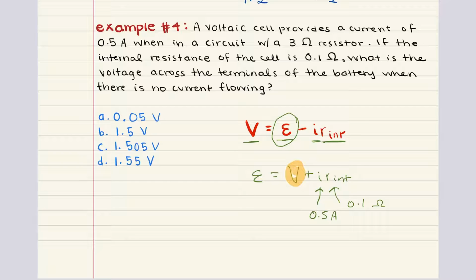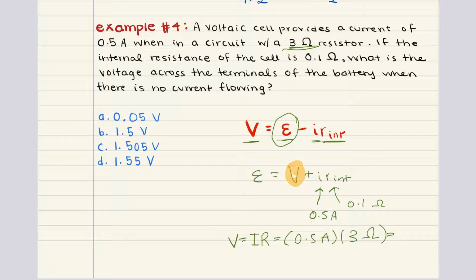And for this, we can use Ohm's law, which says that V is equal to I multiplied by R. The current is equal to 0.5 amperes, and the resistance is going to be equal to 3 ohms. We're also given that in the problem.